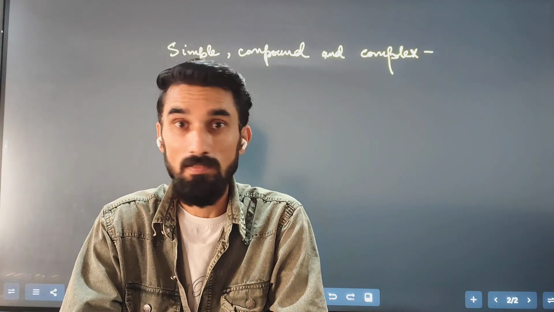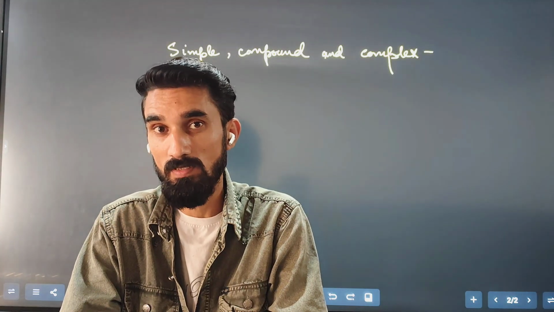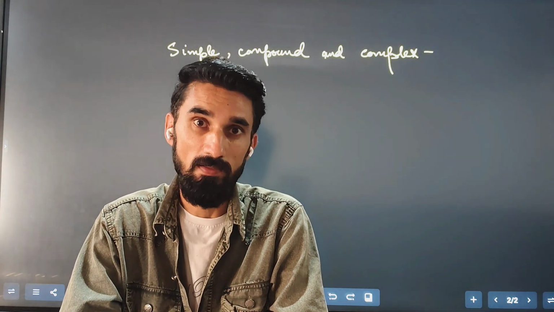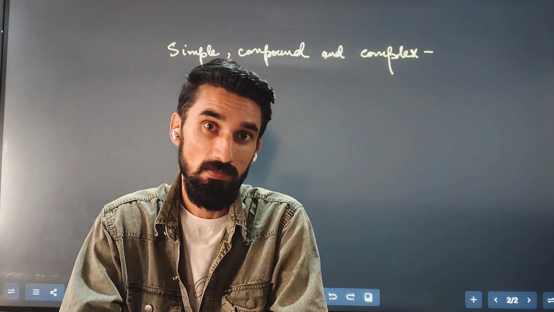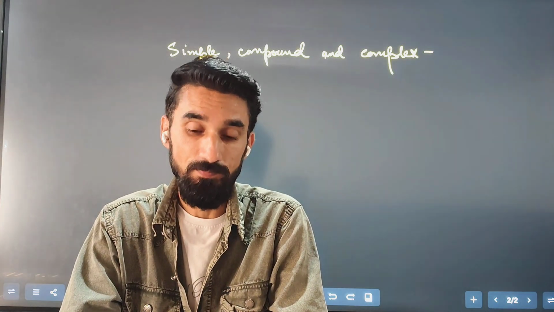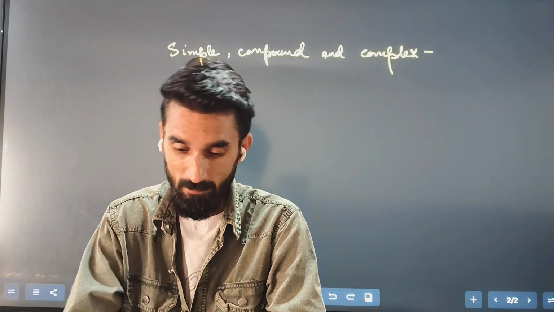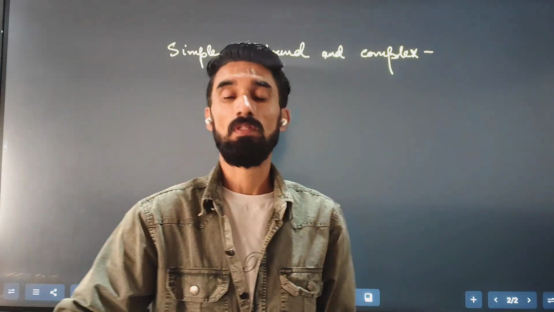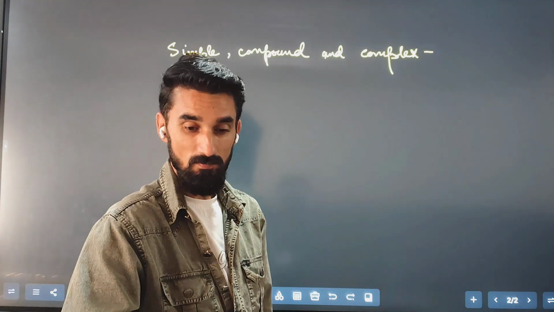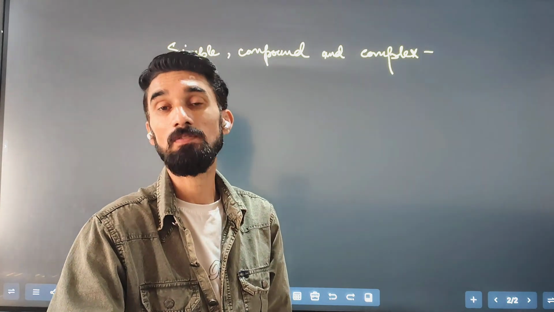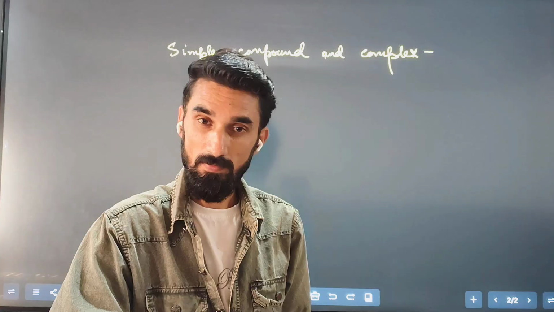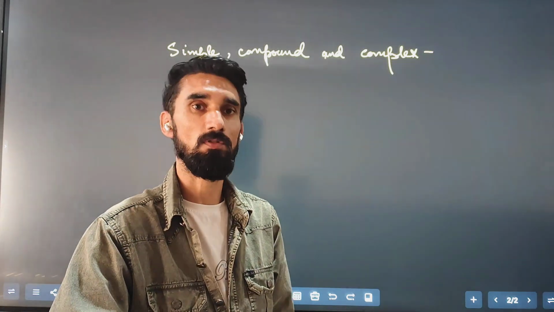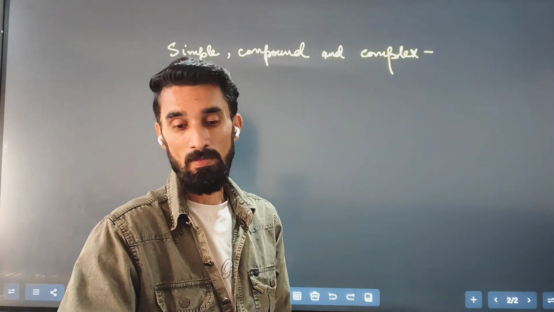Just like a sentence has a verb, a subject and a predicate, a clause too has the same thing. It too has a verb in it, and it should be finite. So in any clause, it is required to have a verb in it. And I differentiated between finite and non-finite verbs also in the previous lecture.